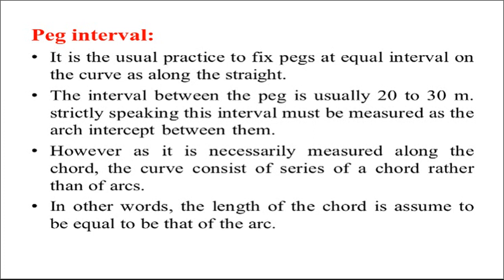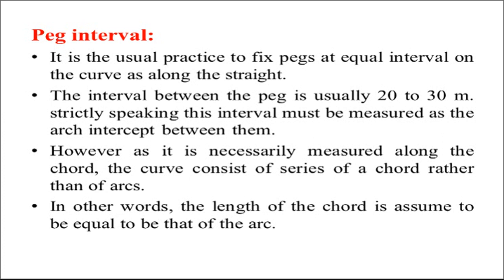The interval between pegs is usually 20 meter or 30 meter. Strictly speaking, this interval must be measured as the arc intercept between them. However, as it is necessarily measured along the chord, the curve consists of a series of chords rather than arcs.